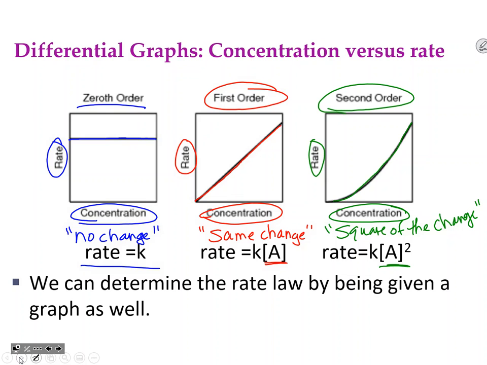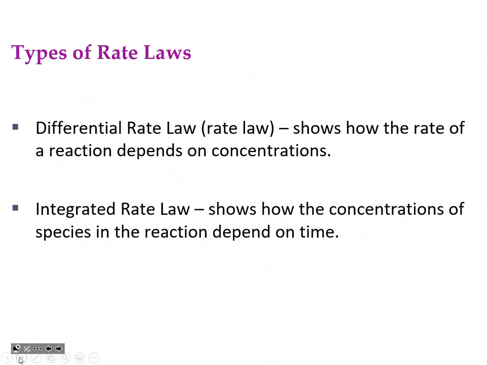And then looking at it now, we're going to start looking at it in terms of integrated. Integrated takes into account different factors. So differential is concentration versus rate, but we know integrated, the concentrations depend on the time. So we're looking now at relationships between our data points where one of the data points will be the concentration, the other data points are going to be the time of when the reaction occurs.